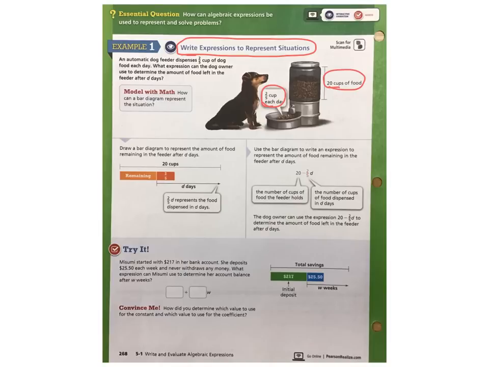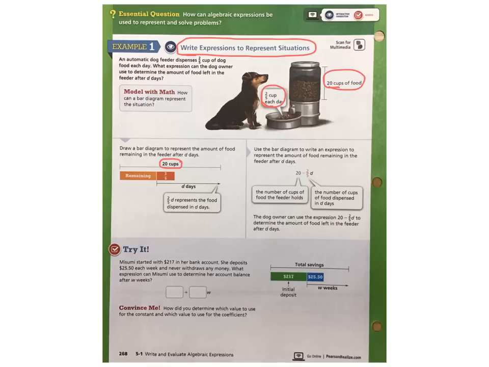So one strategy that you can use is to think about what a bar diagram would look like to represent the situation. First, notice that in the bar diagram, we know the total amount of food that the dog has in the feeder, and that's the 20 cups. So to find the amount that we have remaining, we need to simply take the 20 cups of food that we start with, and then we're going to be subtracting out the amount that the dog eats.